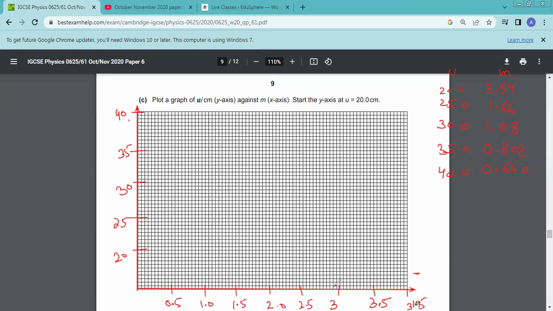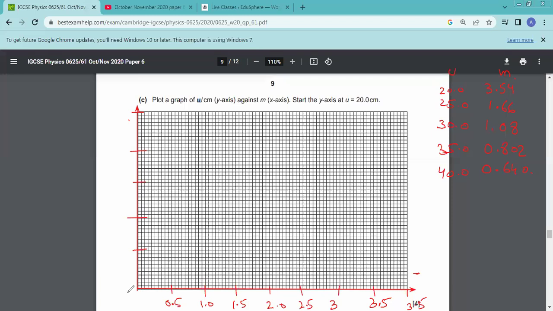Now, at 20, the value is 3.54. I have a little doubt here about where we should be starting the values from.